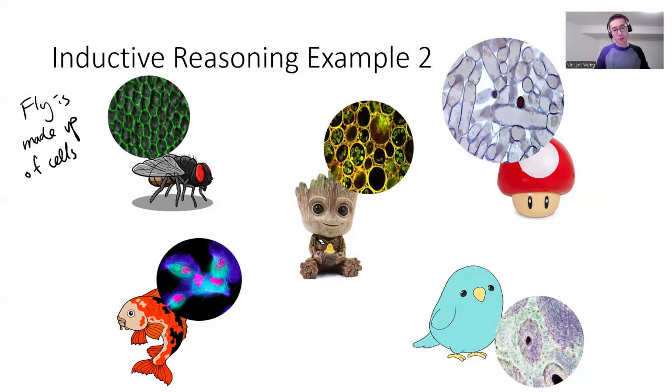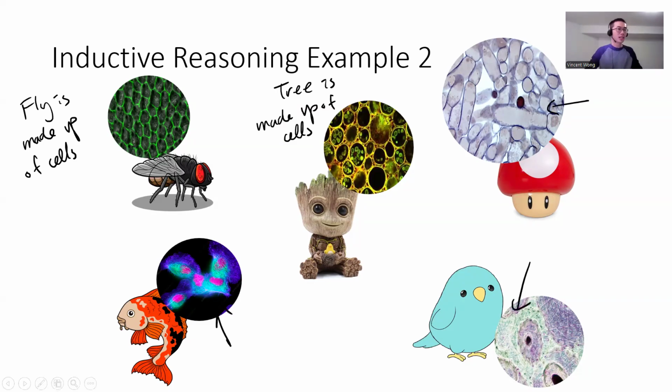Like obviously this is not a real tree, but then like these are real tree specimen in the circle picture. And you look at the tree, you're like, oh, tree is made up of cells. Okay, mushroom is made up of cells, fish is made up of cells, bird is made up of cells. So those are the observations.